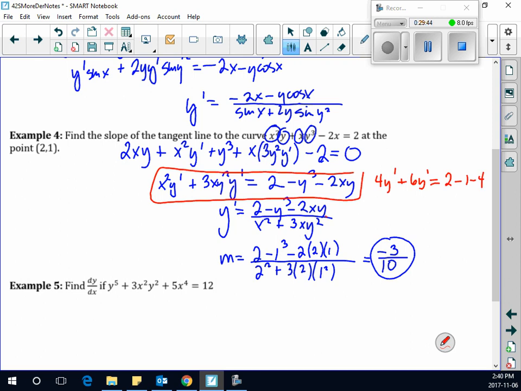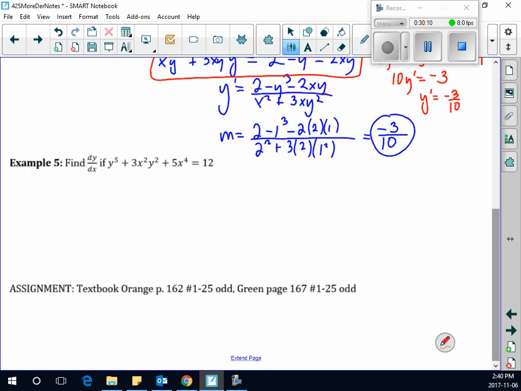So essentially I get 10y prime equals negative 3. So y prime equals negative 3 over 10. However, because I subbed it in, these are all m's now, right? So when you're doing multiple choice, was that faster than doing all that? It might have been, right? But if you're solving for y prime, then you have to do this step, right?